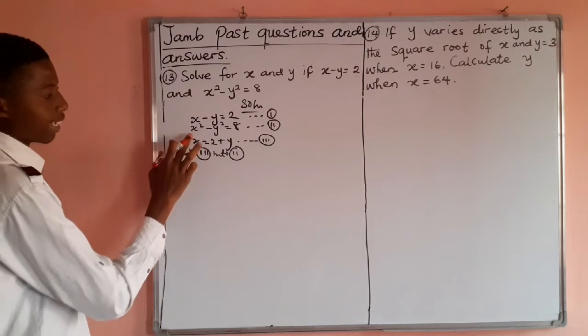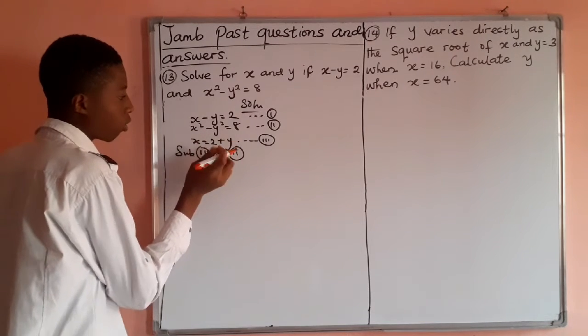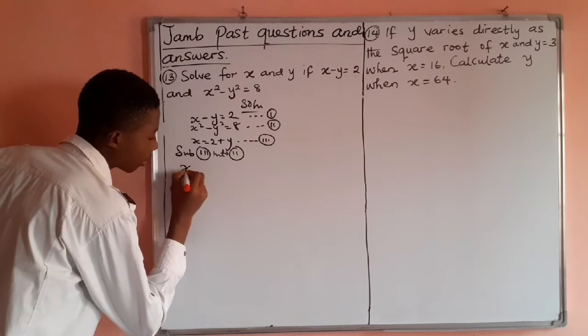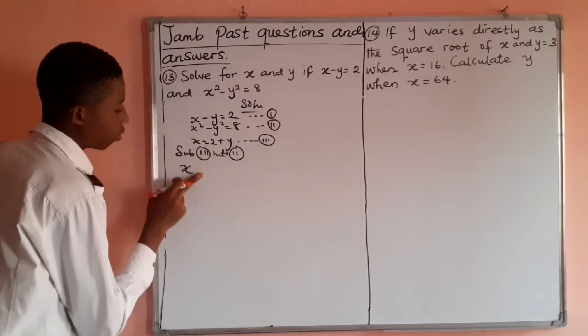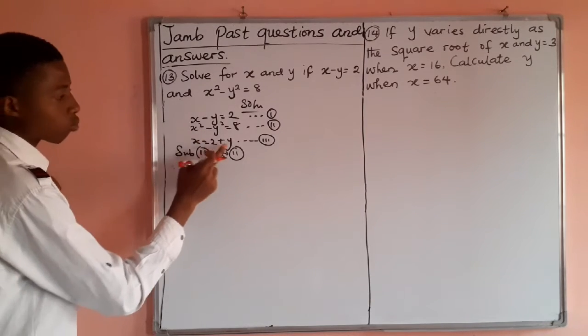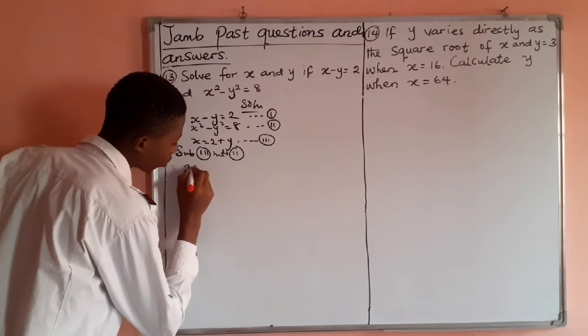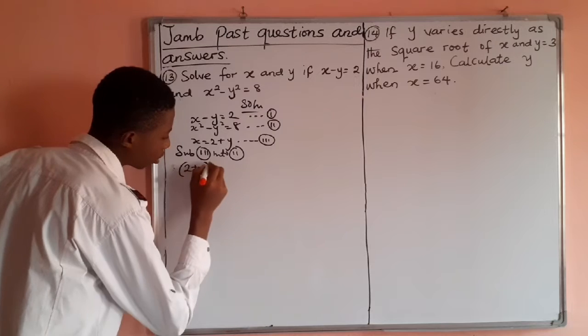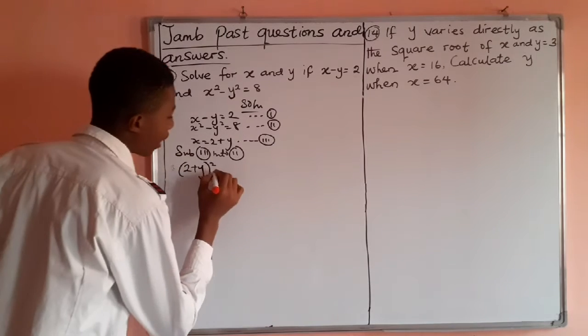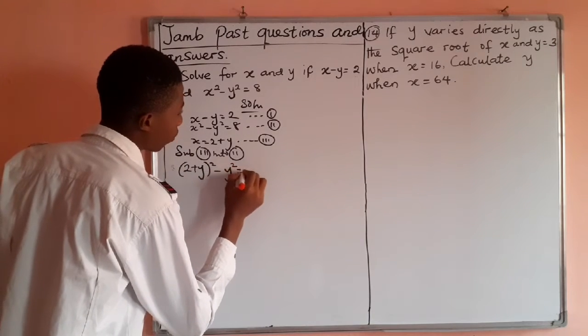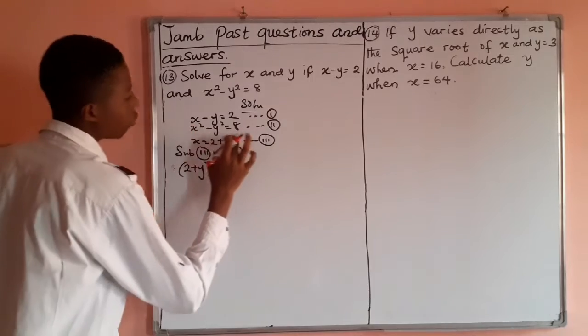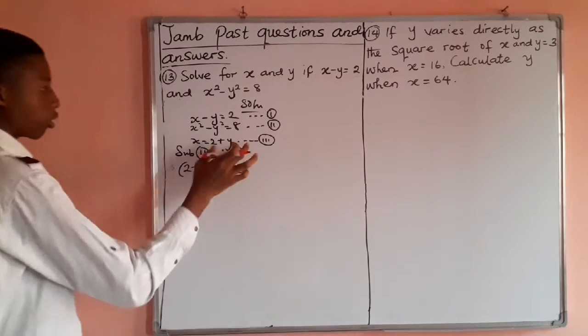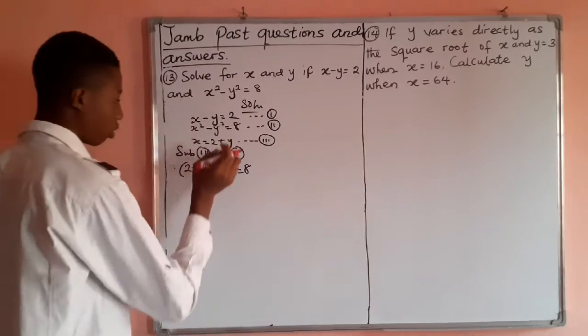That means anywhere you see x, you substitute it with 2 plus y. Our x squared now, we have to square this. It will give us (2 plus y) in brackets squared minus y squared equals 8. You just rewrite equation 2, but substitute equation 3 into it.